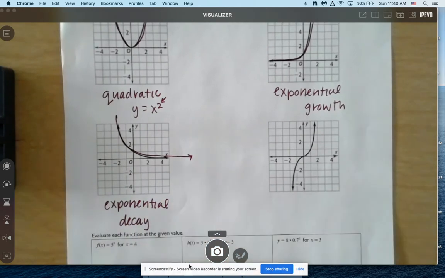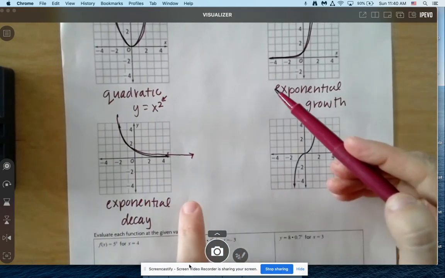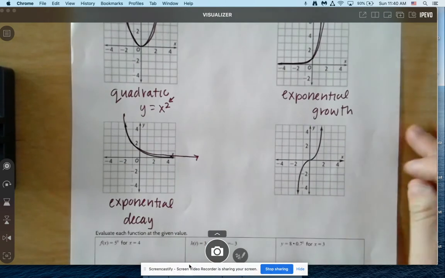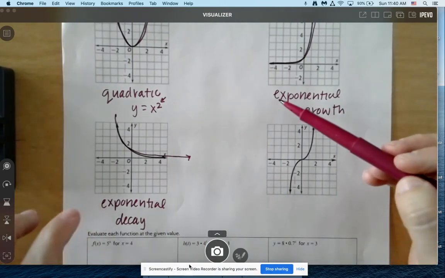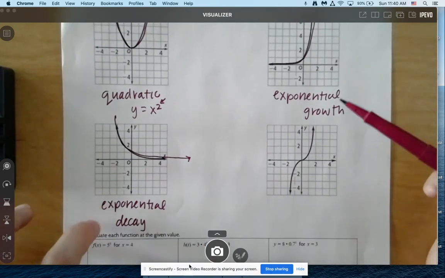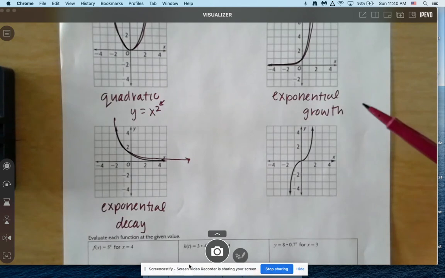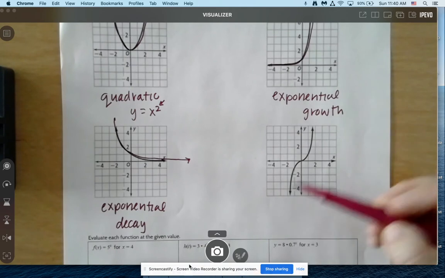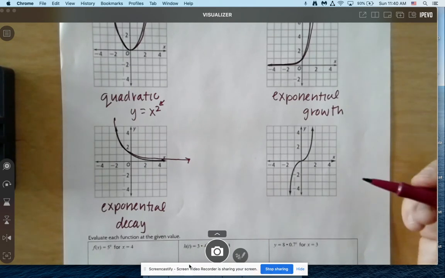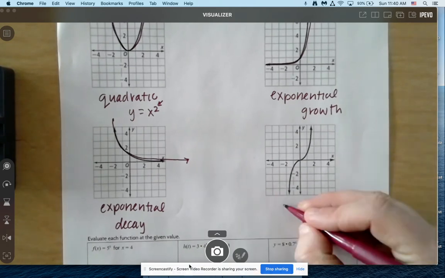Later on in the week, not today, we'll talk about what makes the difference between exponential growth and decay in your equation. Since you guys are smart students, I said there were 2 that were exponential, so this one, by process of elimination, is not exponential. This one's actually cubic.